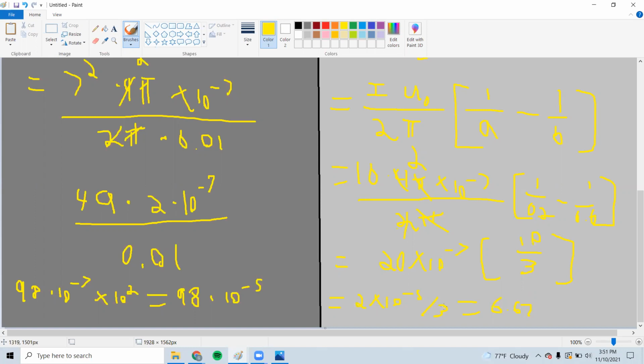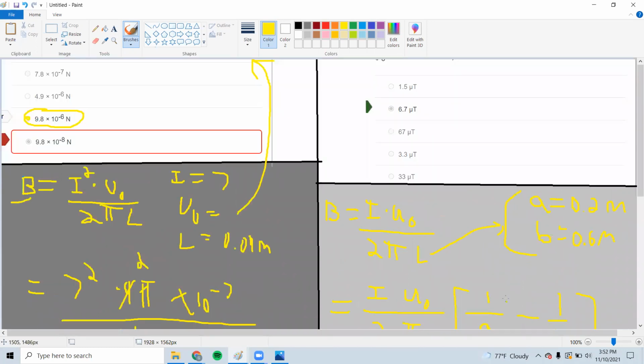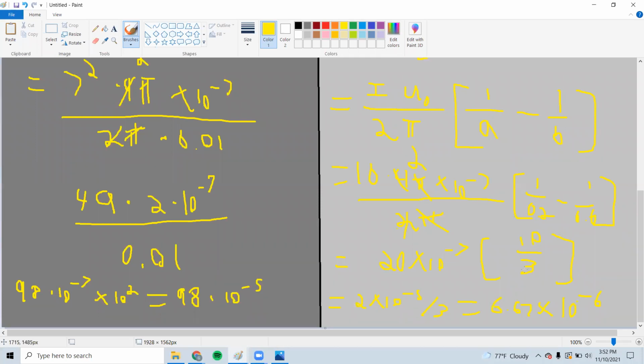And since we're dividing, the value is going to go down by about 1 decimal point, so we can adjust our exponent of 10 by making it one value lower. So we get 6.67 times 10 to the power of negative 6.